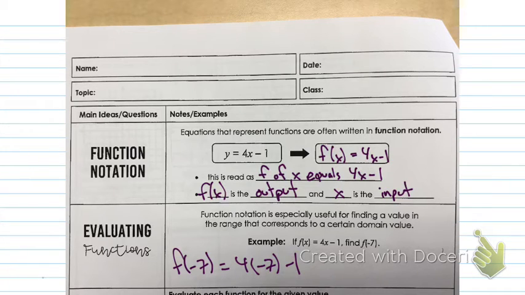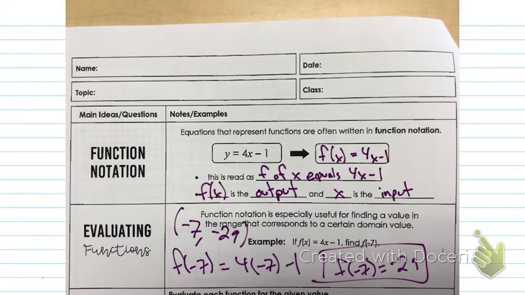Our output is going to be the solution to this, or y, which is the same thing as f of x. So negative 28 minus 1, that means the function of negative 7 is negative 29. That would be our answer, but just for context, what that means is when x is negative 7, y is negative 29. That's how our function works to pump out an ordered pair that we could then graph, right?